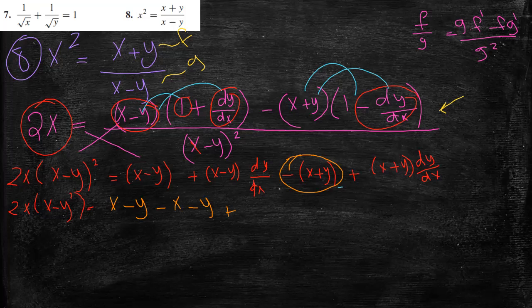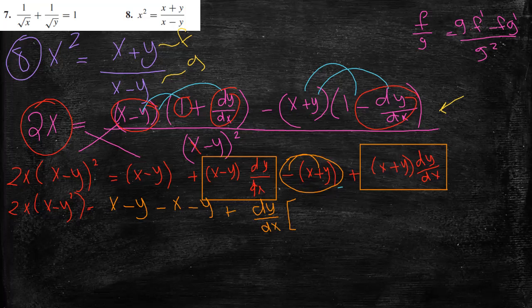No, here negative times plus is negative. Okay. Then plus. Now here, what did we have left? We have (x minus y) times dy over dx and (x plus y) times dy over dx. Let's take dy over dx as a common factor times (x minus y) times (x plus y).